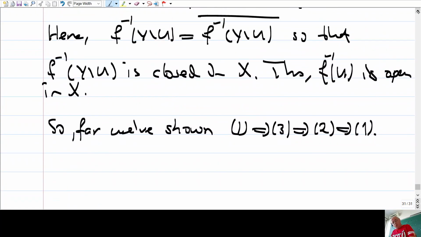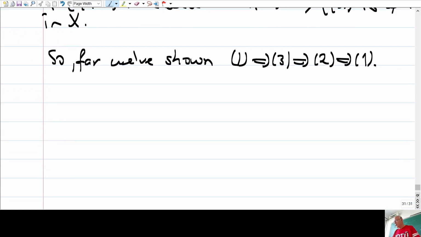All right, so there is this 1 implies 4 and 4 implies 1. Yeah, that's kind of easy. Let me give this as an exercise.